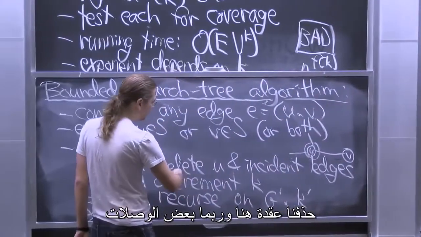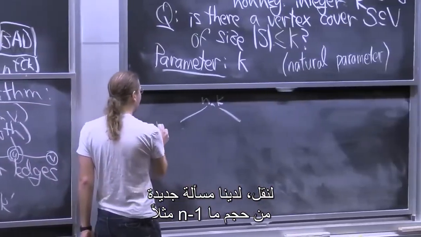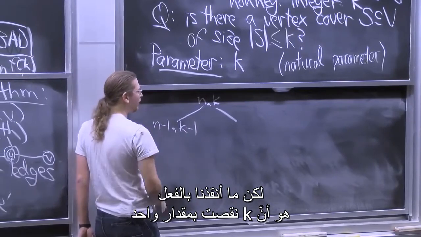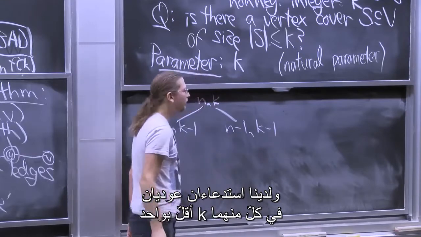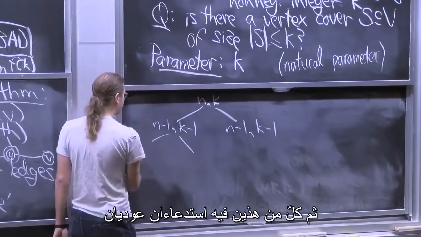OK, we deleted a vertex and maybe some edges. So let's say we have a new problem of size something like n minus 1. But what really saves us is that k went down by 1. And we have two recursive calls. Each of them, k is 1 smaller. OK, and then each of those has two recursive calls.